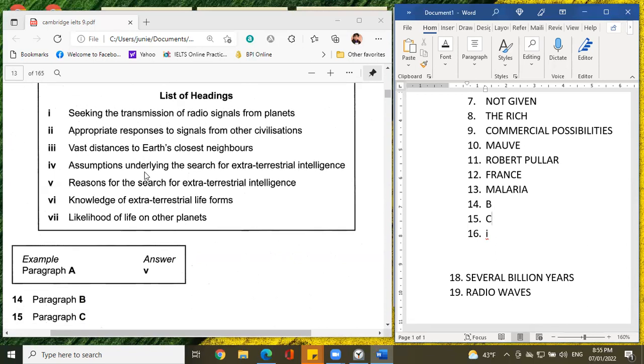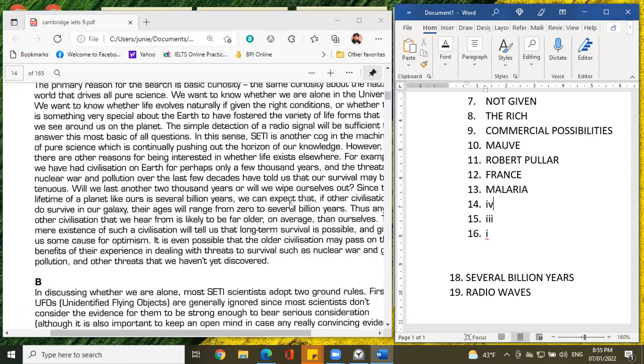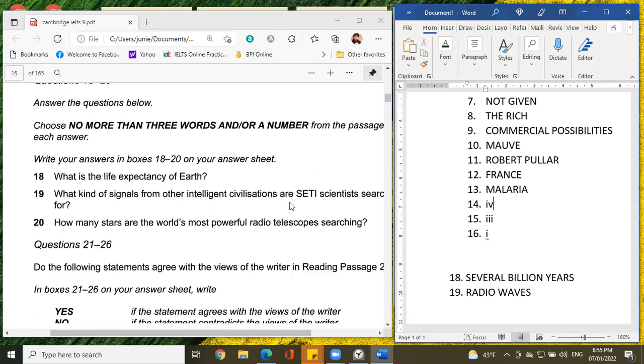Hindi siya reasons or knowledge of extraterrestrial. Hindi yan, ito yun. 3 yan, 3. Yan. And then yung B, assumptions, di ba? Yun. Okay. Mamaya ka na ulit. Balikan natin to sa baba.